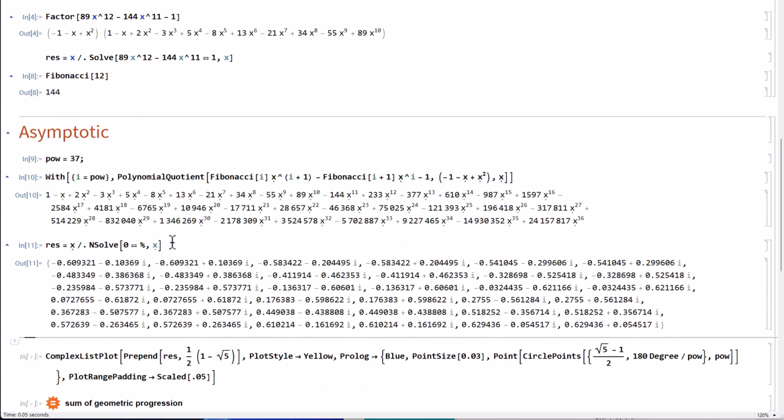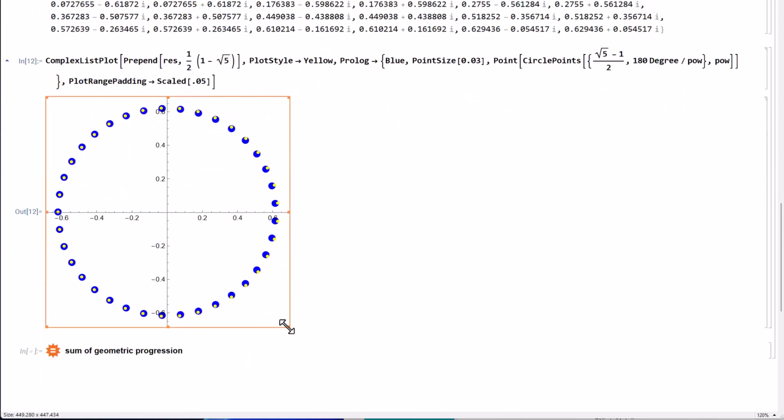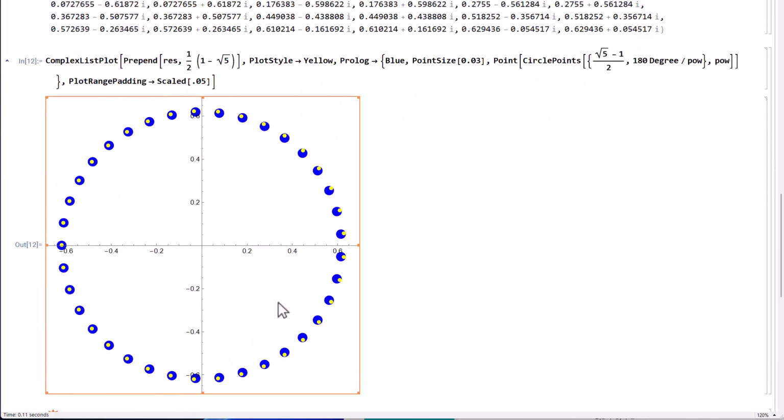So this is the solution for the polynomial, and this is the asymptotic behavior we are looking for. All the blue dots are preset points, because they are generated as background.